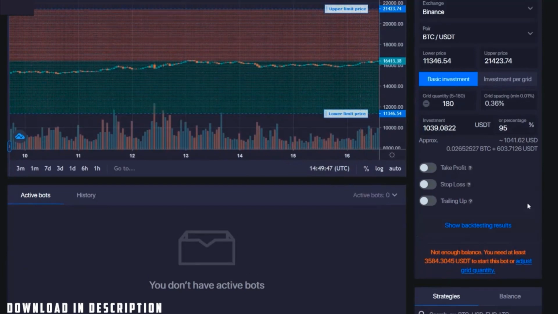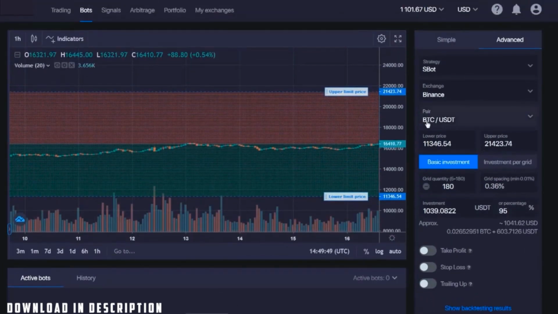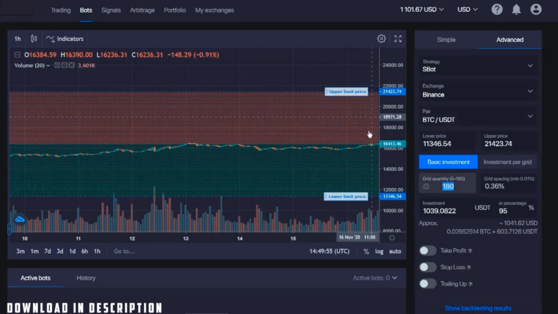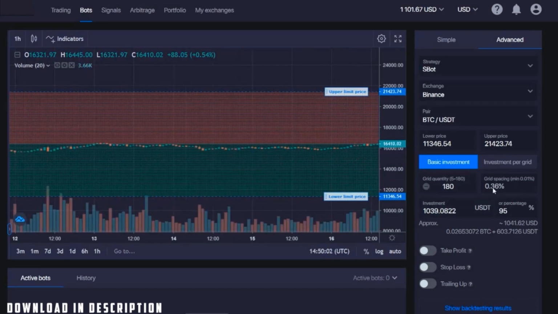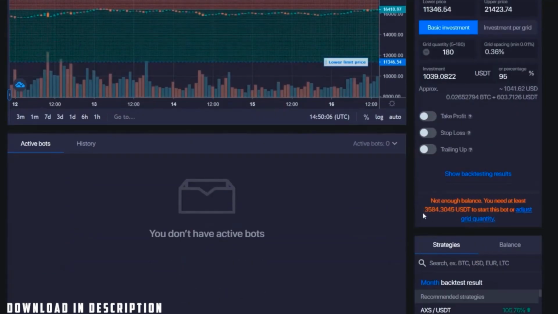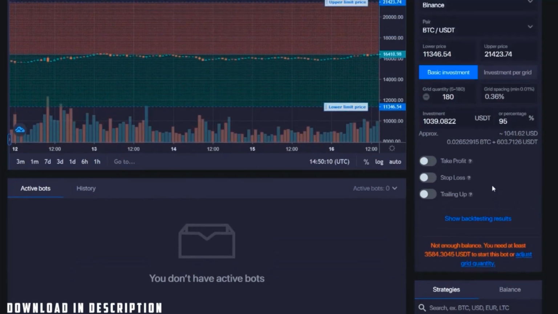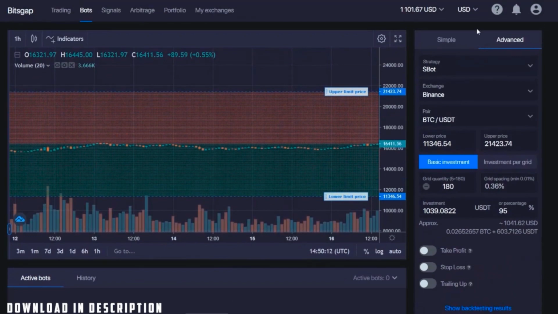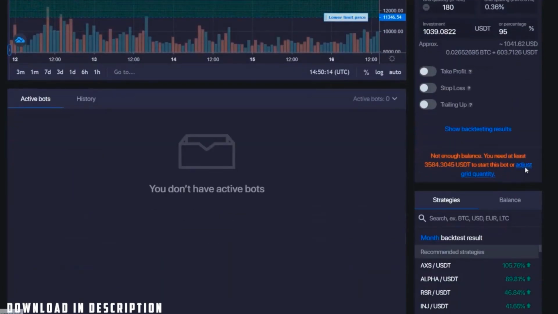So in this instance, to set up BTC to USDT, to have 180 grids, at the spacing of 0.36 between it, so a possible buy and a possible sell within this grid spacing, I would need to have $3,584 available.